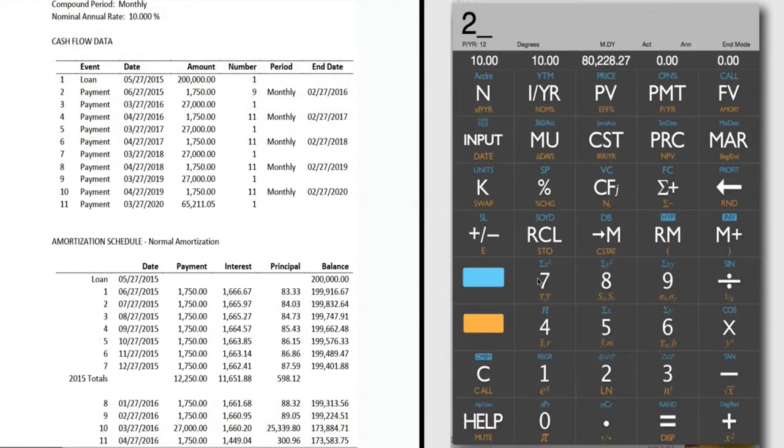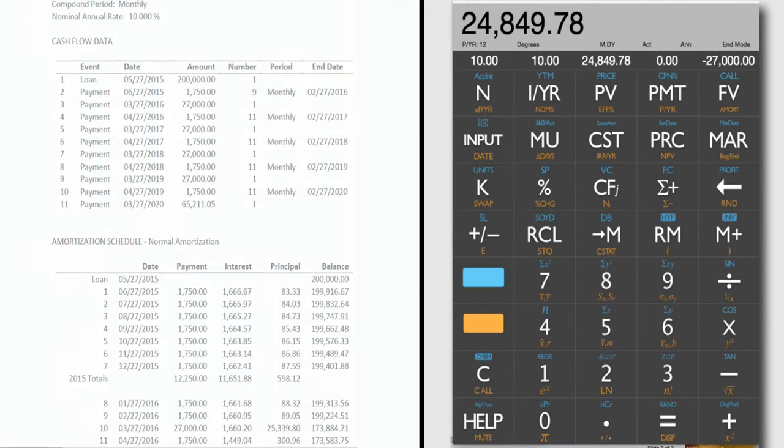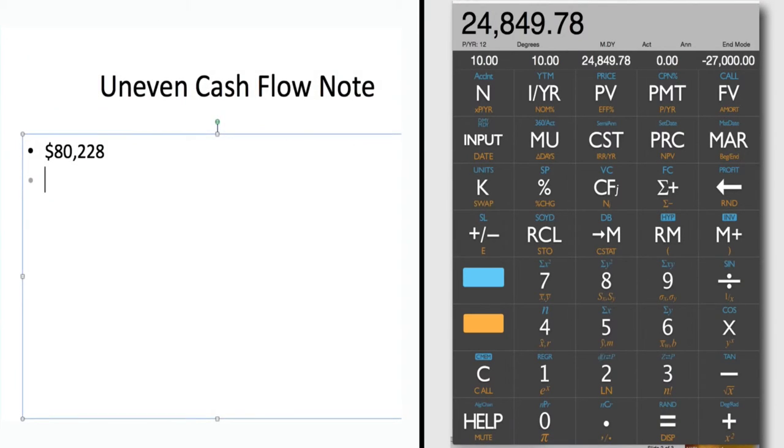I'm just going to get 27,000. And that's a negative number over here for future value, the way I do it. 10 months from now, this lump payment, no monthly payments in the meantime. I still want my 2%. Okay, now I'm going to calculate for PV. What will I pay for that? 24,849.